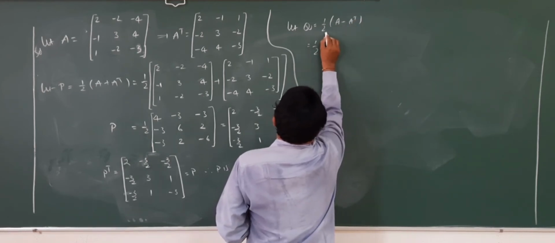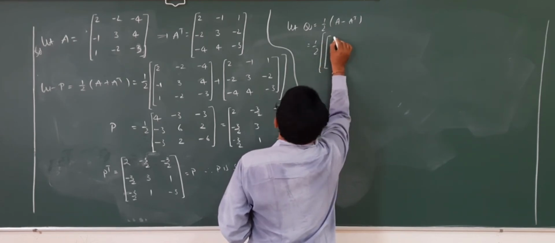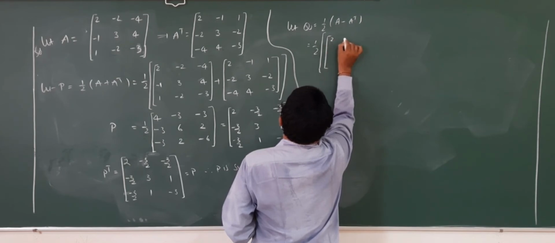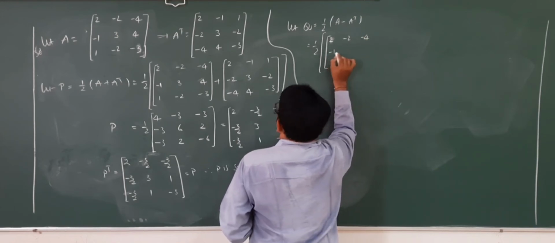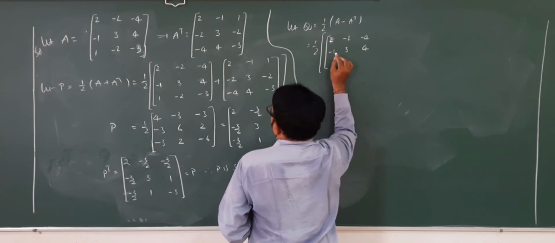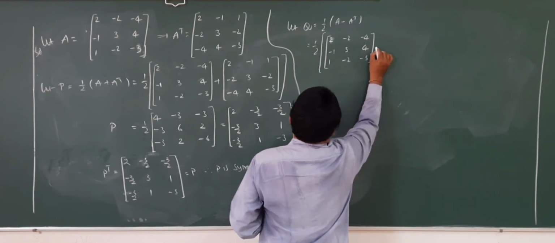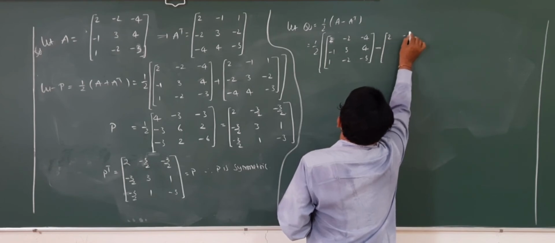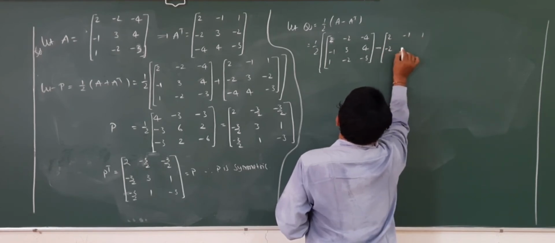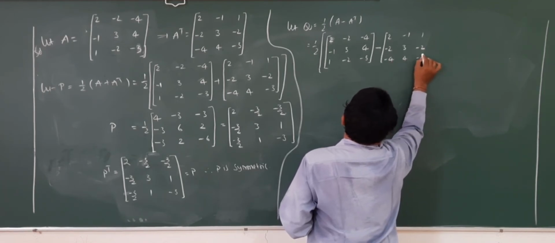So 1 by 2 into this A matrix: 2, minus 2, minus 4, minus 1, 3, 4, 1, minus 2, minus 3, minus of A transpose: 2, minus 1, 1, minus 2, 3, minus 2, minus 4, 4, minus 3.